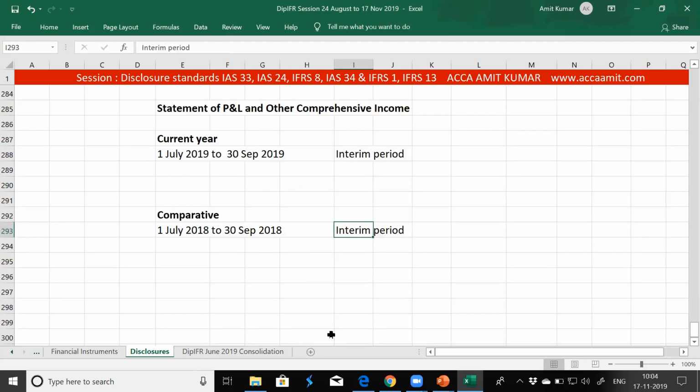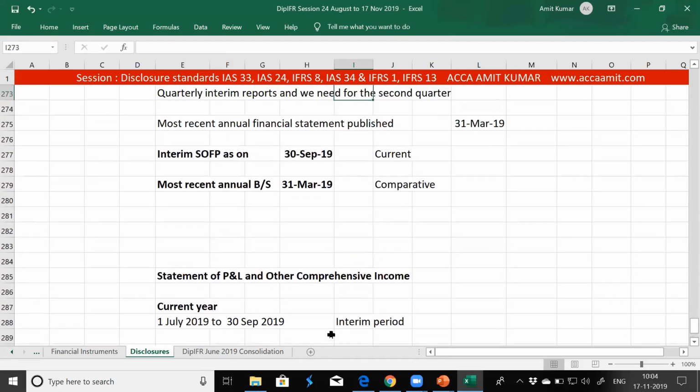Along with it, see, P&L and income statement belongs to a period. And we try to show the performance during the period. Balance sheet is of a particular date. So when it is of a particular date, we try to compare the position from one date to another. It doesn't make any sense to compare 30th September 18 balance sheet with 30th September 19 when we have already published annual statement on 31st March.